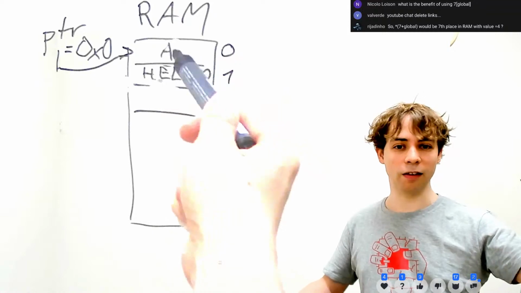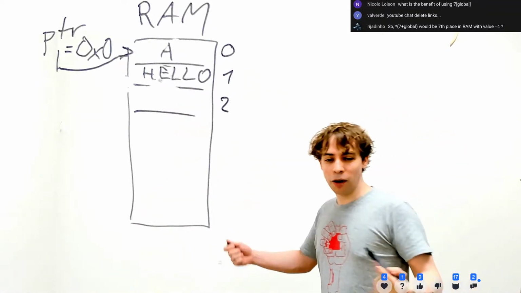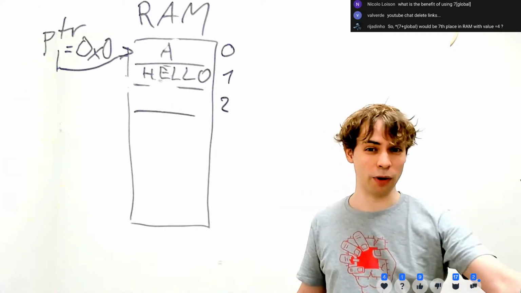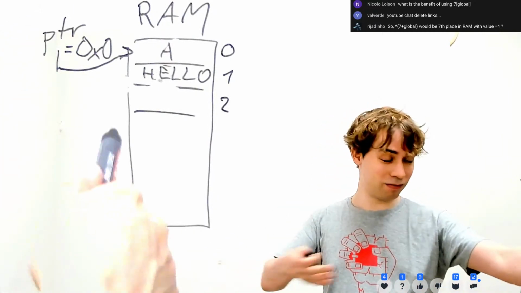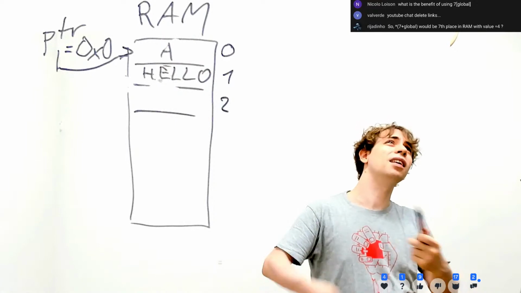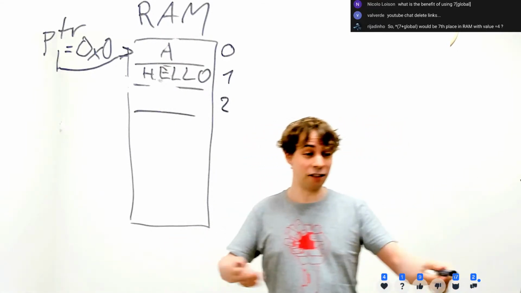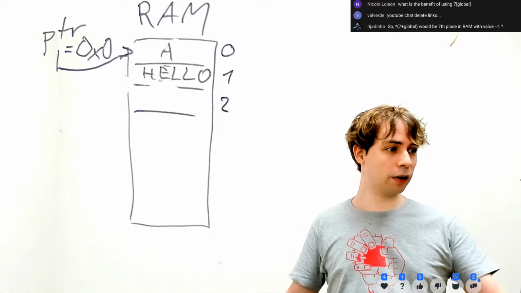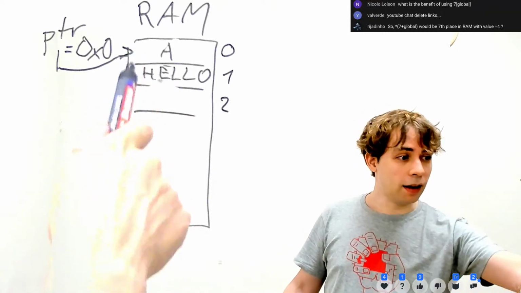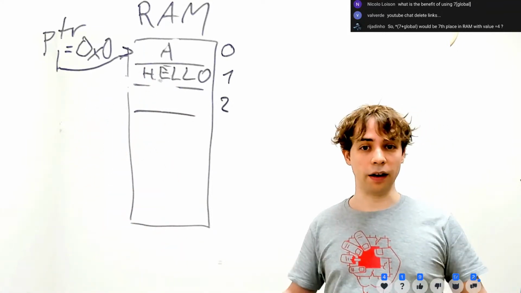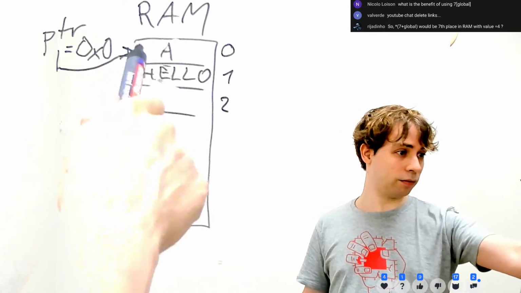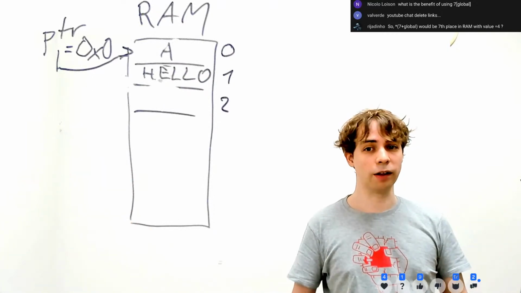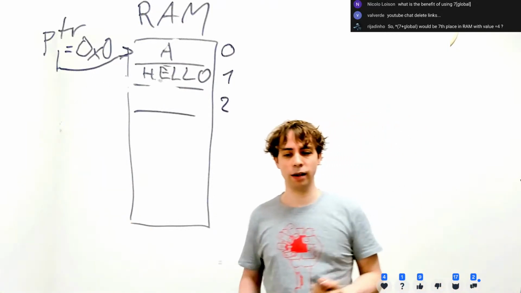RAM is always valid. It's always there. So how can this be invalid? Are there pointers that do not point into RAM? Are there indices that don't fit in this array anymore? But how can it be, for instance, that in the middle there are some indices that are not valid, and at the start and at the end, and in between there are some valid ones? That cannot be explained with a simple array like this.